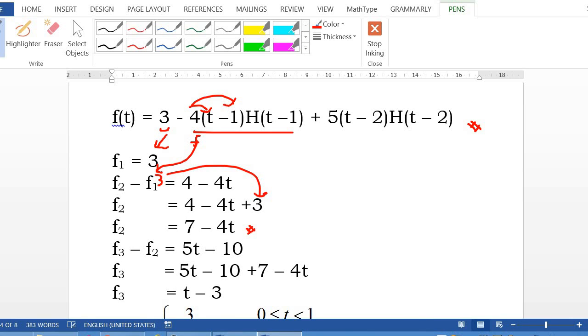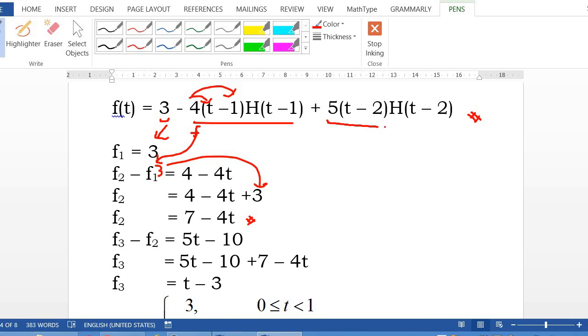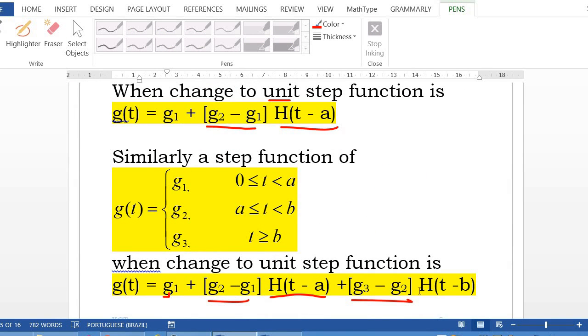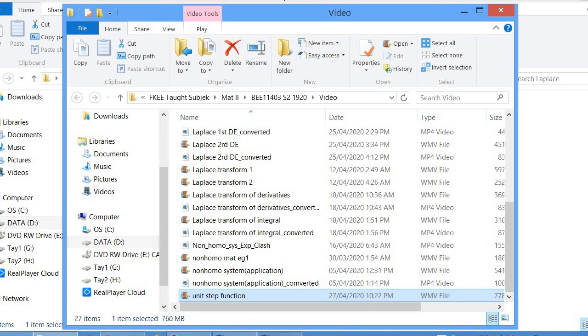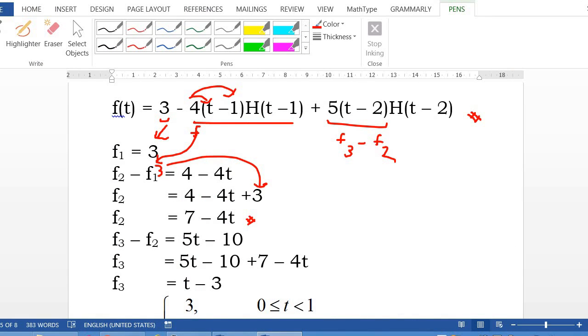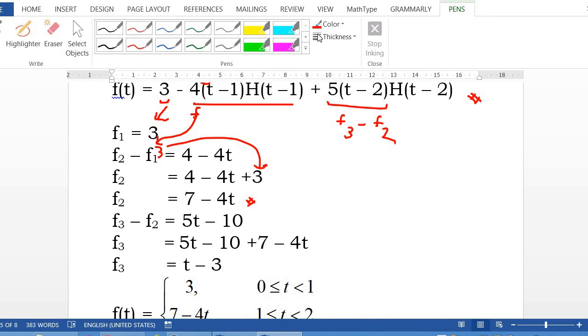And then this one is f3 minus f2, h(t minus b). A here, b here. So f3 minus f2 is 5t minus 10.